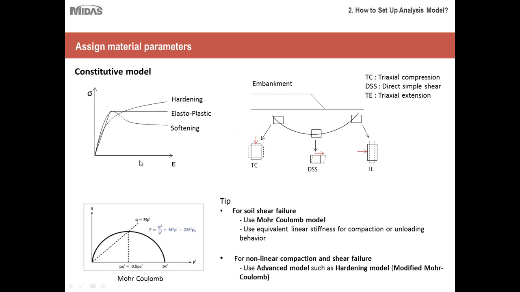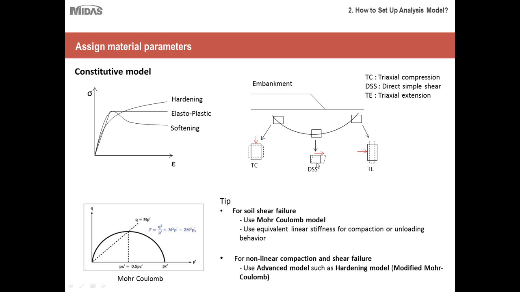So if you look at this slide here, the first graph shows stress-strain relationship, and the stress-strain relationship varies for different type of materials. So you can see this is the hardening curve, this is the elastoplastic curve, this is the softening curve. And for this, let's say, embankment model, if you look at the stress path, then we have the soil strata here in triaxial compression.